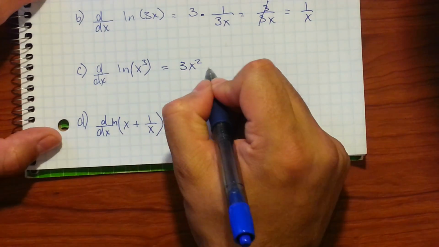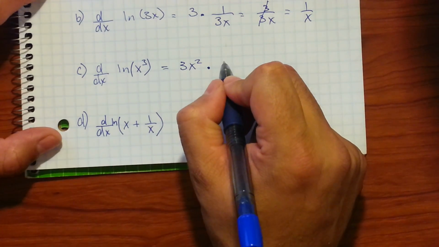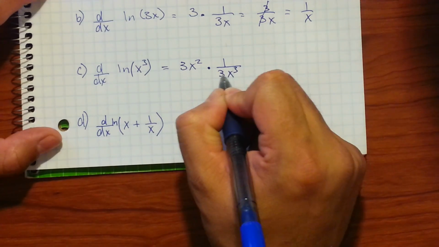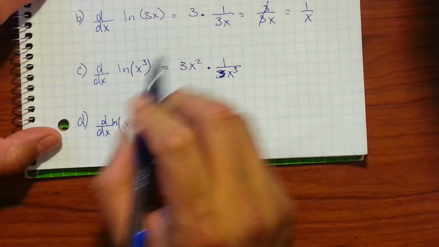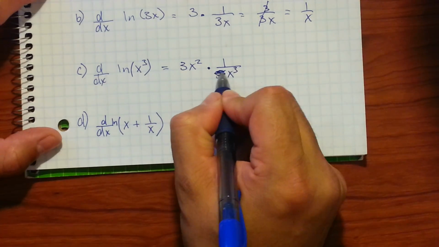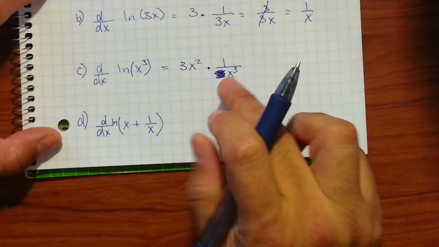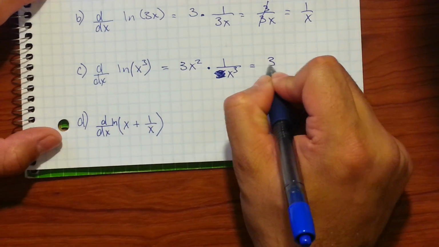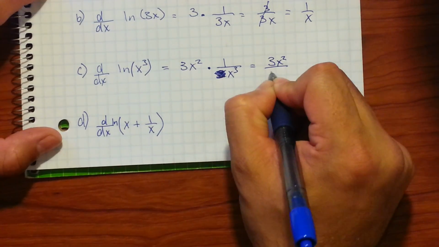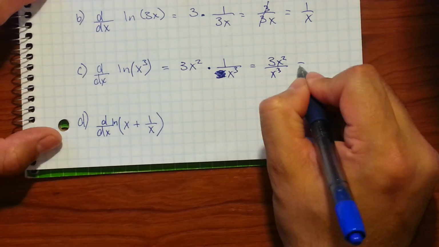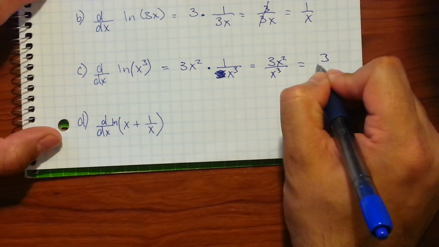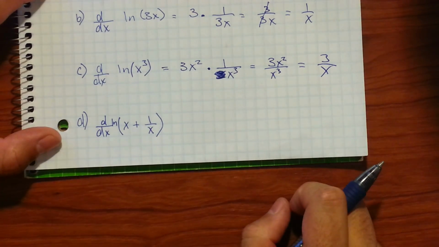So that's 3x squared times the derivative of the outside, which would be 1 over x cubed. Now, when I put them together, it's going to be 3x squared over x cubed, which will reduce by x squared, giving me 3 over x.